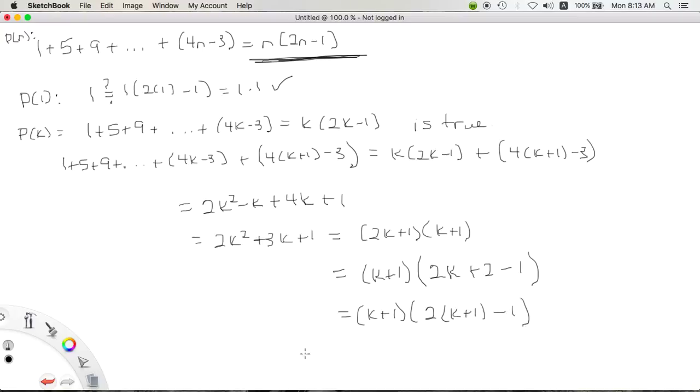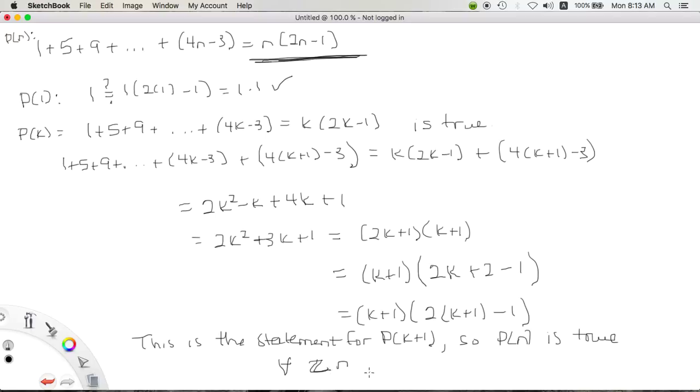And we have it. So then we say this is the statement for P of k plus 1. So P of n is true for every integer n by mathematical induction.